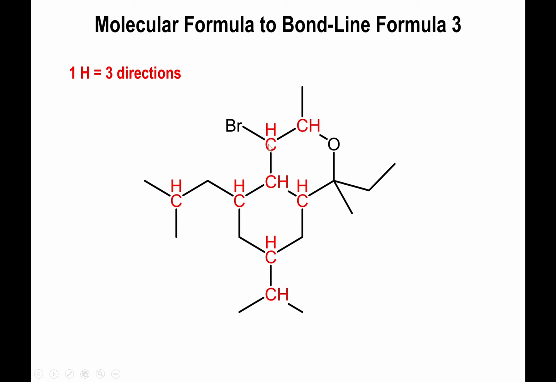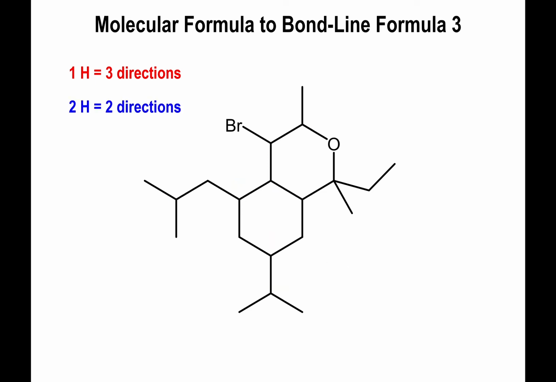It could be 2 other carbon atoms, it could be 2 oxygen atoms, or anything else other than hydrogen. In that regard, those carbons are understood to have that hydrogen present in there to complete the octet. We don't draw them in the bond line structure, but it is understood that this carbon has 1 H, that carbon has 1 H, and so on.